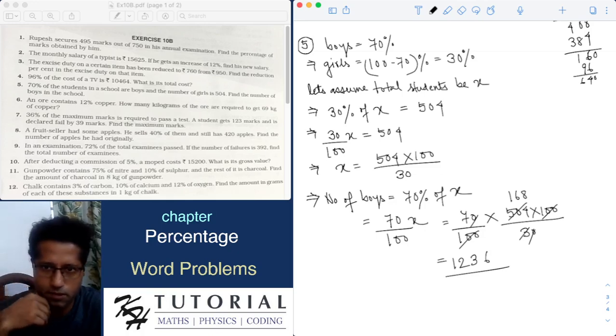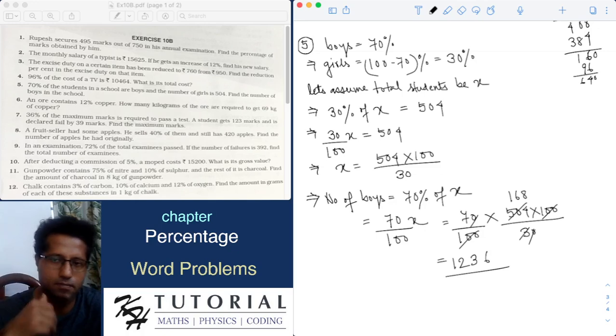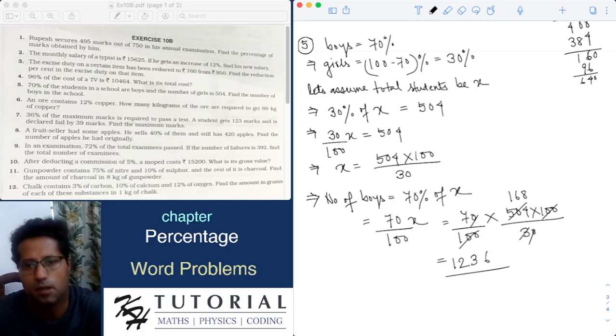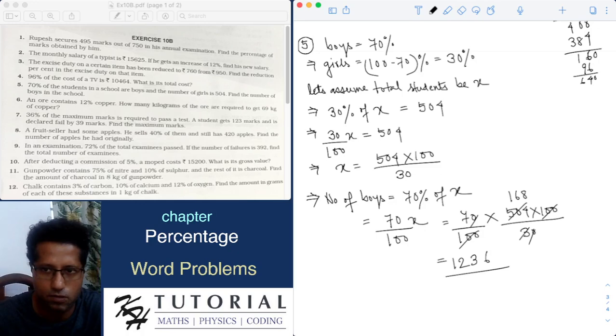So what was the concept and method used? It is given that the percentage of boys is 70%. So we can say that the percentage of girls is 100 minus 70, that is 30%. We know the percentage of girls, and the actual number of girls is given as 504. If we assume that the total number of boys and girls is X, then 30% of X is the total number of girls in the school, which is given to be 504.